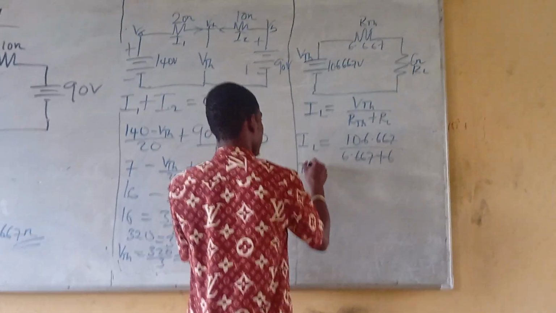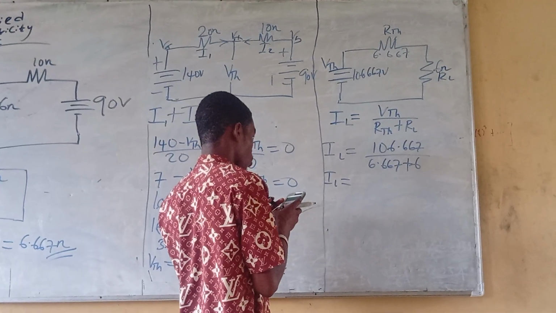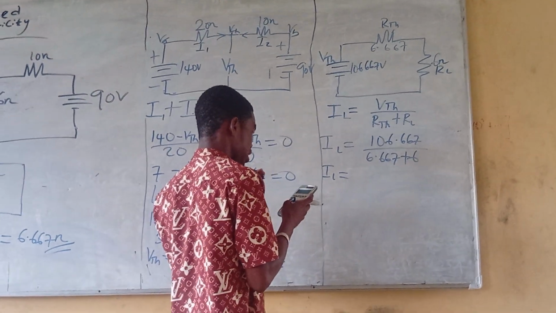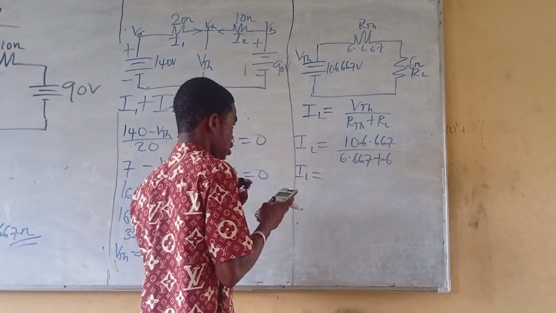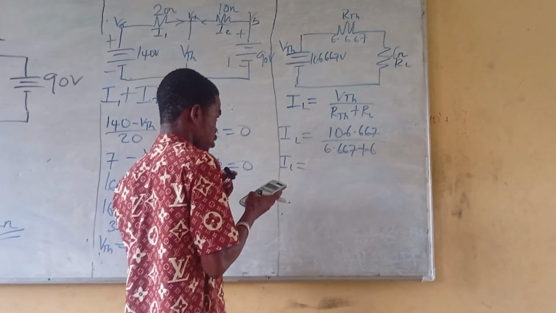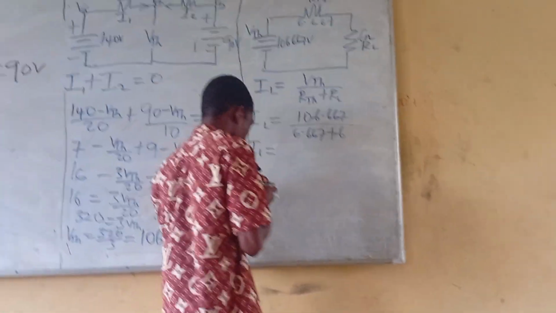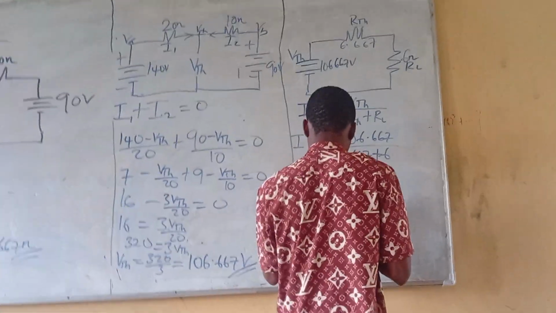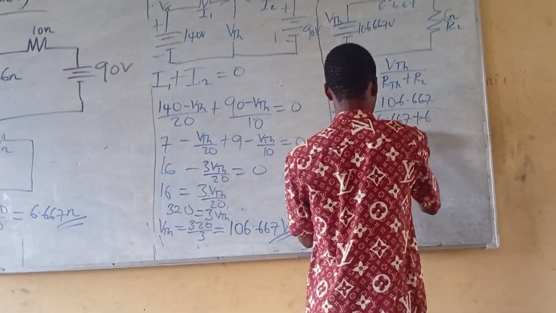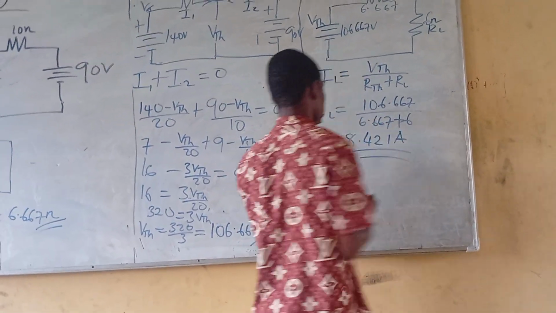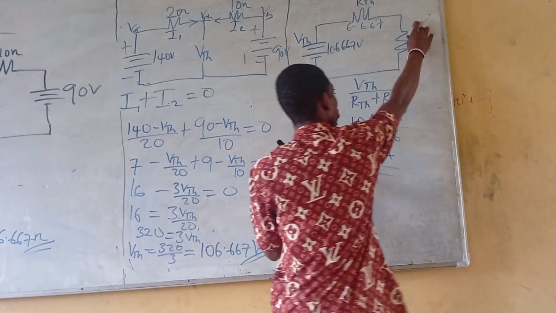Let me punch that in: 106.667 divided by 6.667 plus 6. This will give you 8.421 amperes. This is your load current, the current flowing through the load resistance.